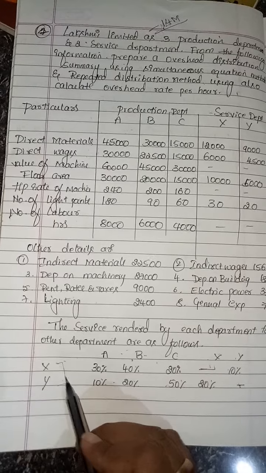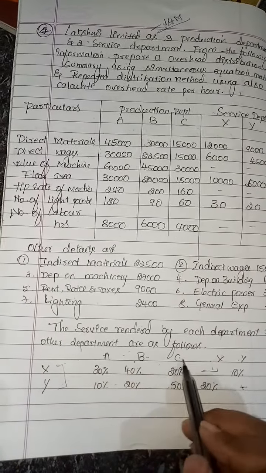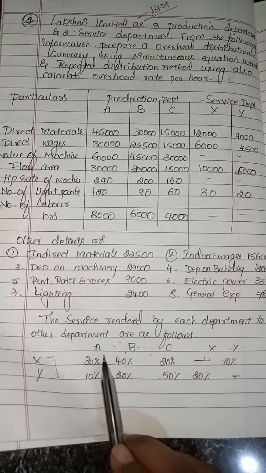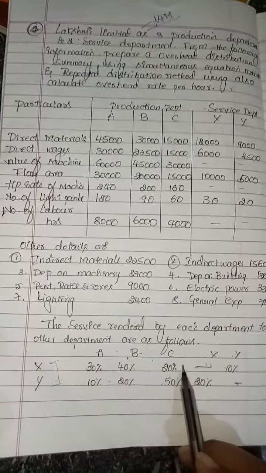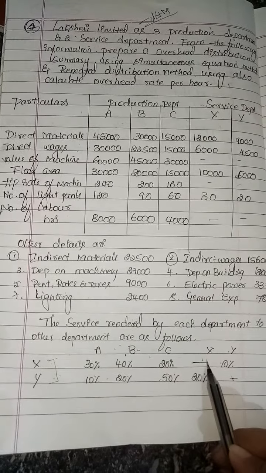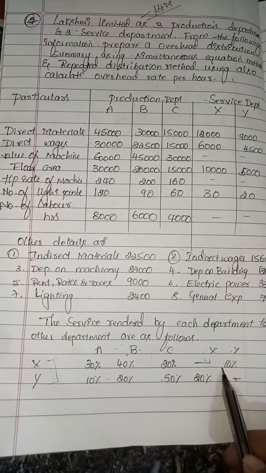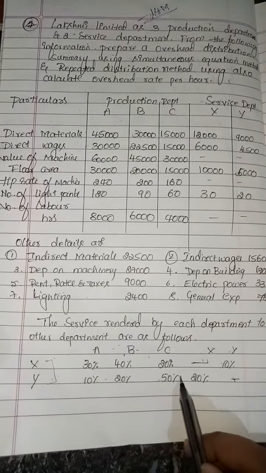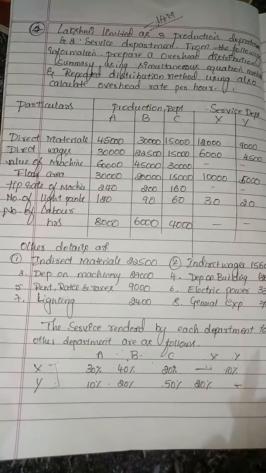Based on the service department ratio, we need to apportion the values to the production as well as the service departments. X gives 30% to A, 40%, 20% and nil to X itself, and Y gives 10%, 10%, 20%, 50%, 20% and nil.